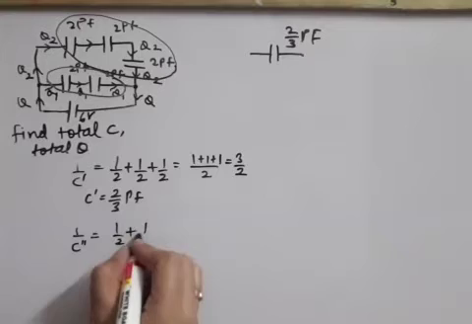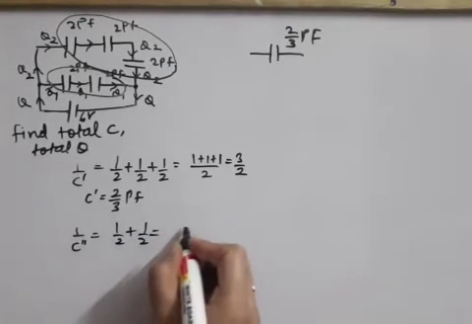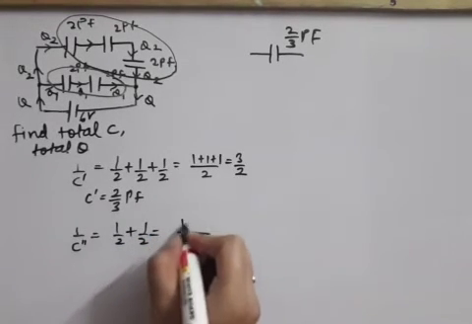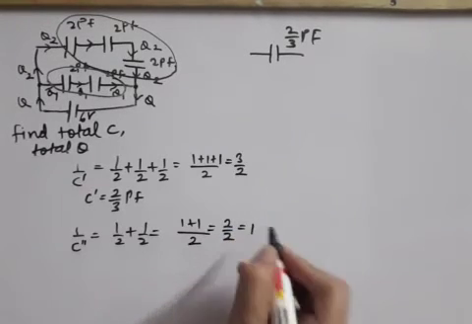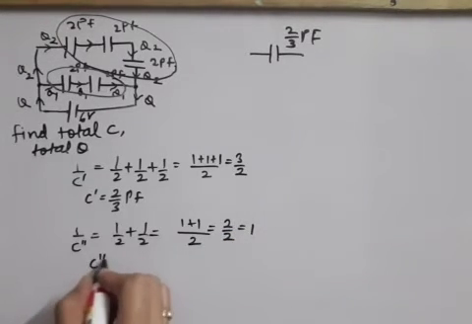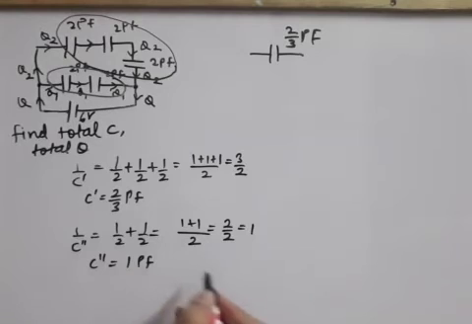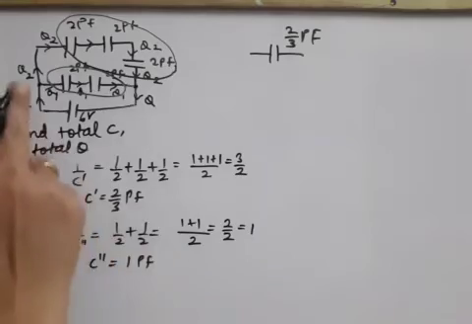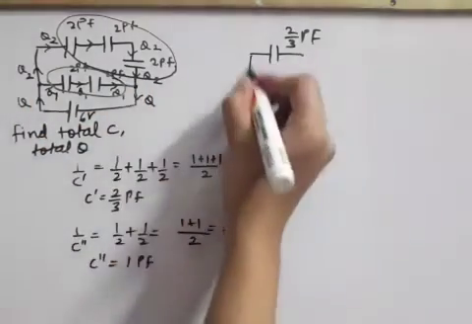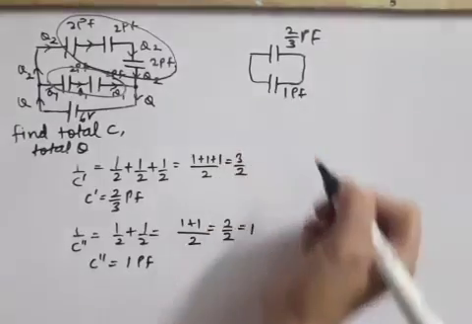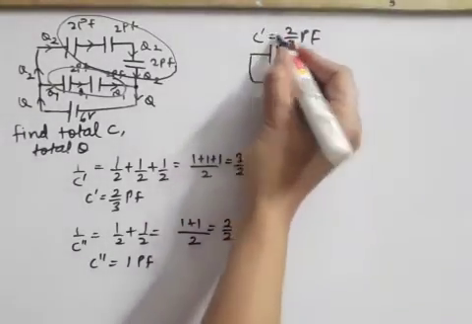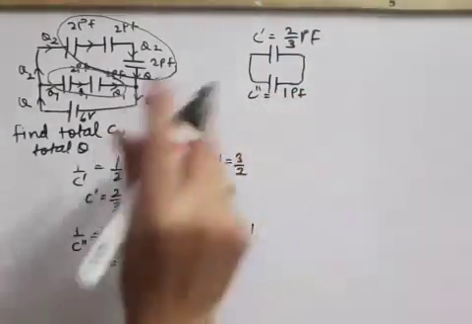So 1 by 2 plus 1 by 2, LCM is 2, 1 plus 1, so 2 by 2, that means answer is 1. So C double dash is also obtained by this technique. So C double dash answer is 1 picofarad. So this lower branch is to be replaced by new capacitor of value 1 picofarad. So C dash and C double dash are obtained.